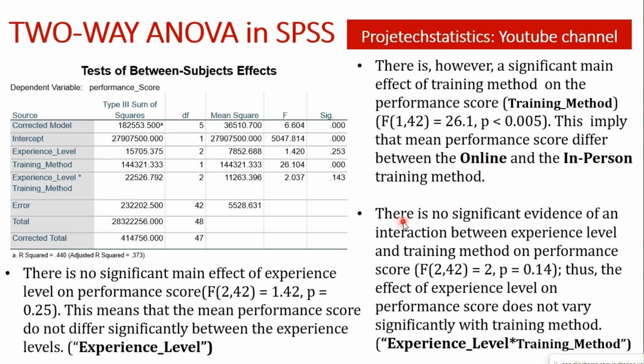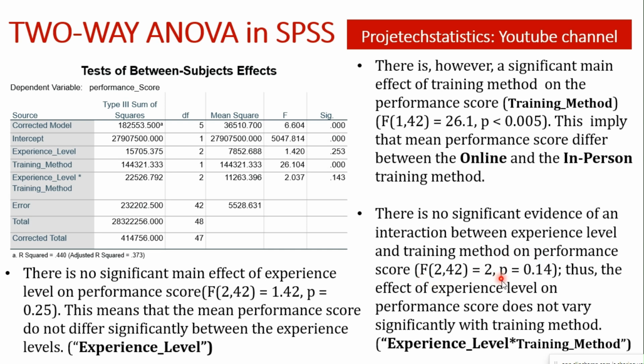Now we also look at the interaction effects. The interaction effect here, which is experience level by training method, they use an asterisk to denote the interaction effect. There is no significant evidence of an interaction effect between experience level and training group on performance score.